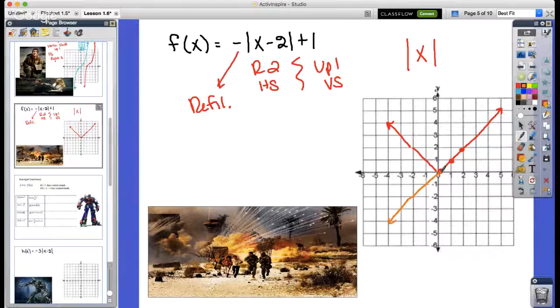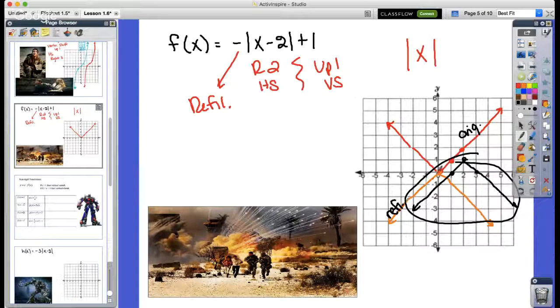So that's this. But then we're not done, right? What we've got to do now is take this and now go right 2, up 1. So we'll go right 2, up 1. And what we're going to have is really what's in black. I know it looks confusing, but we reflect it first, and then once we do that, then we can go right 2, up 1. So the one in black is the real one. This is the original.